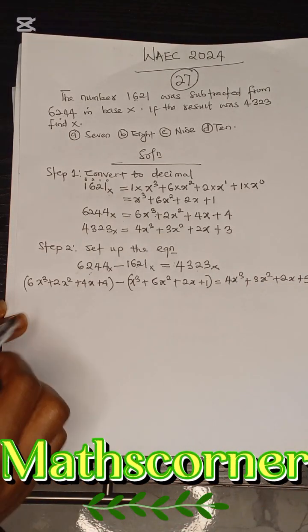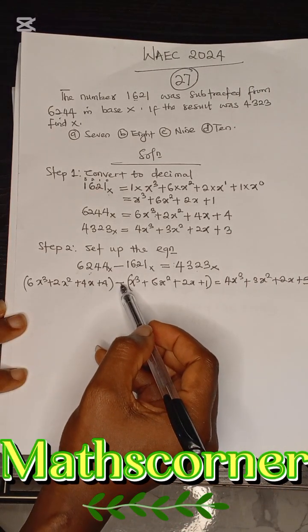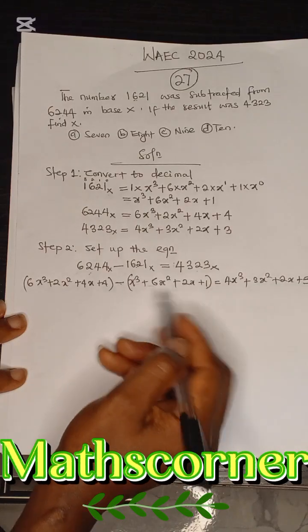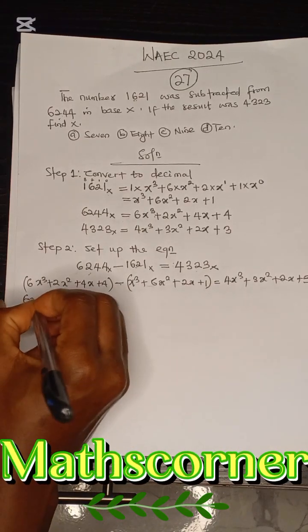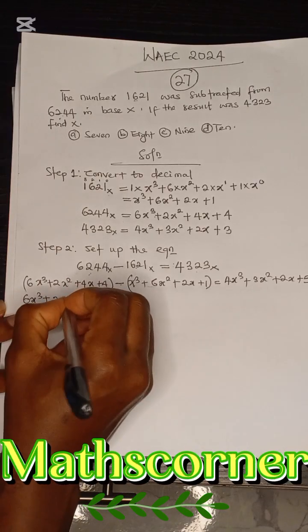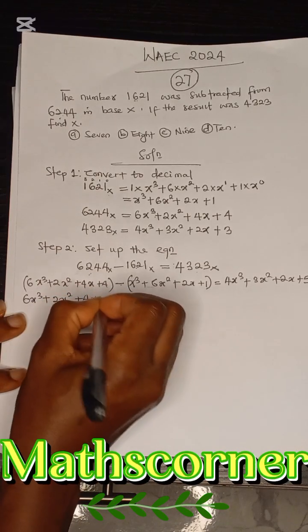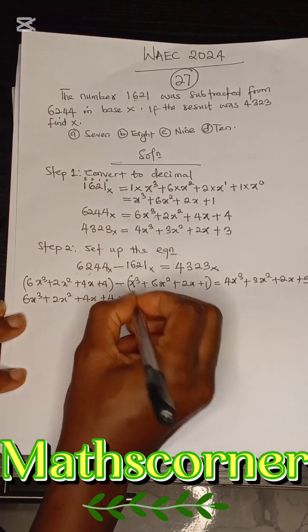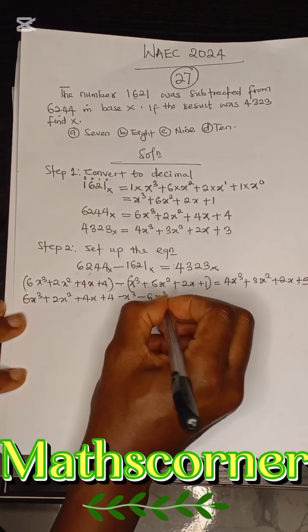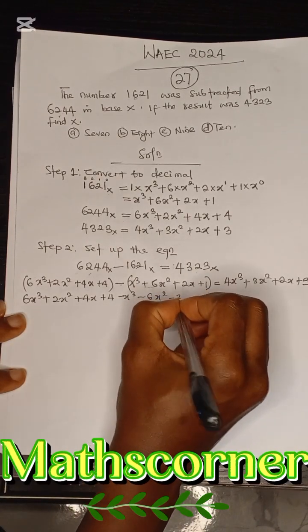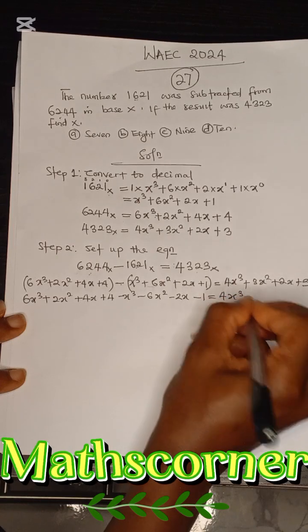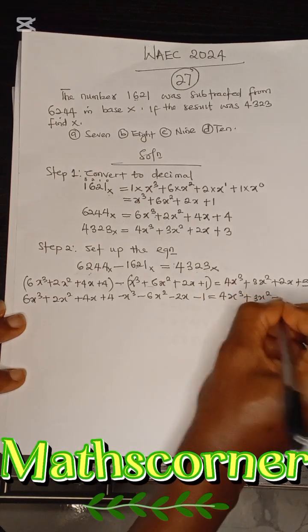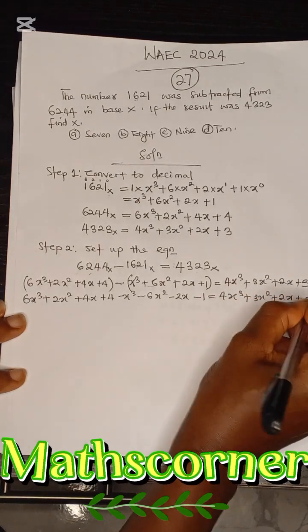So beautiful. All right, so let's distribute this minus sign to every term in this bracket because it will be affected since we are multiplying it. So this will be 6x cubed plus 2x squared plus 4x plus 4 minus x cubed minus 6x squared minus 2x minus 1 is equal to the same result, 4x cubed plus 3x squared plus 2x plus 3.